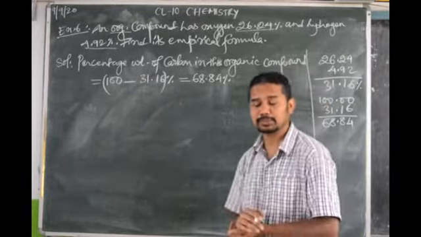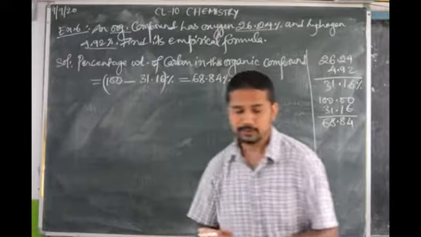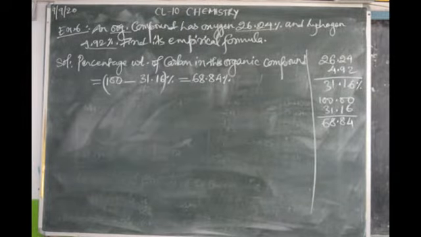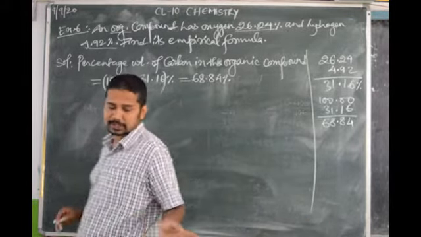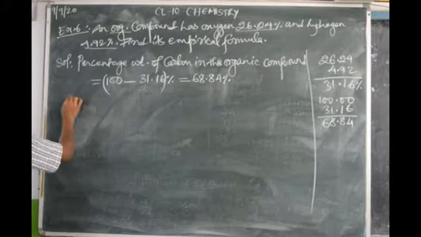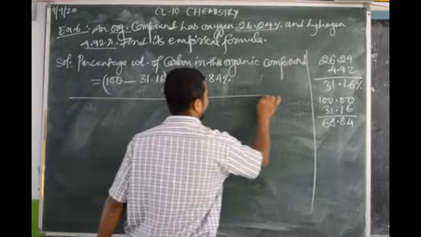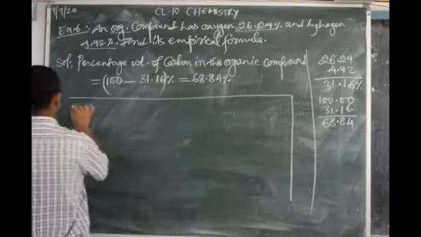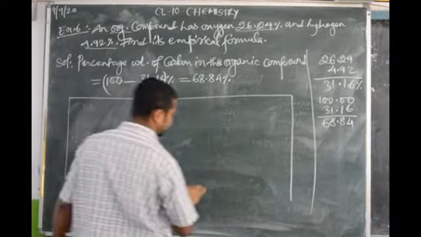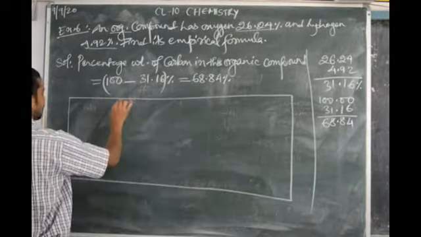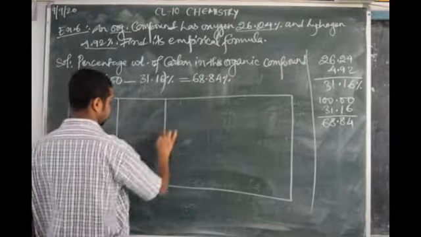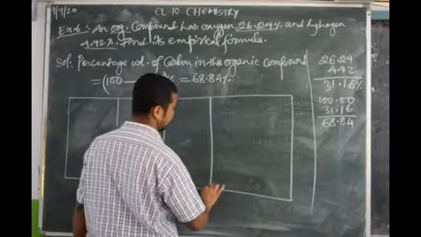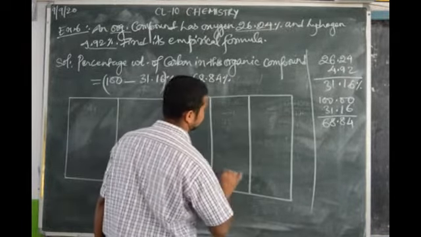Again follow the same process that we did just before this. So again you make a table with 5 columns: 1, 2, 3, 4 and 5.